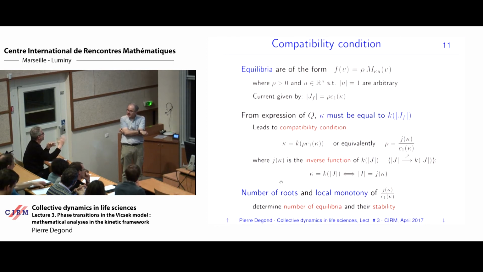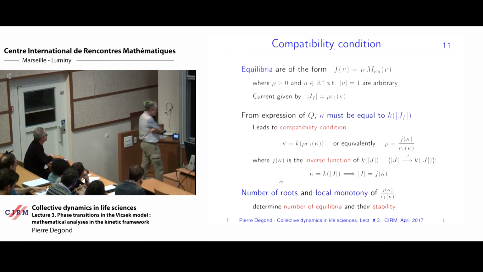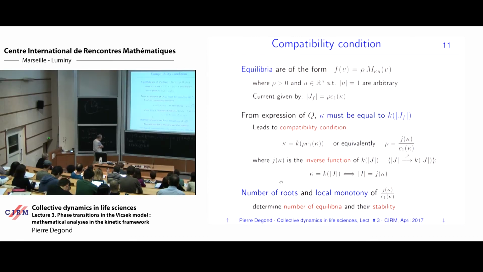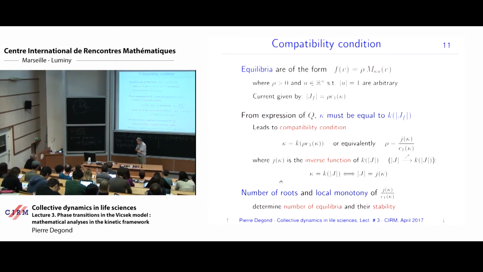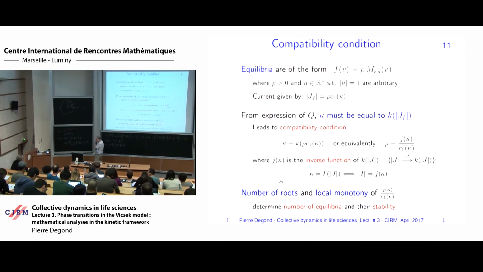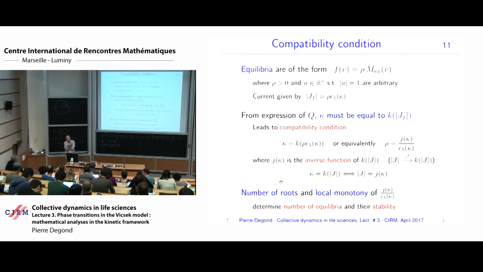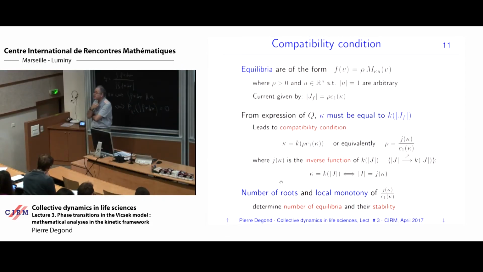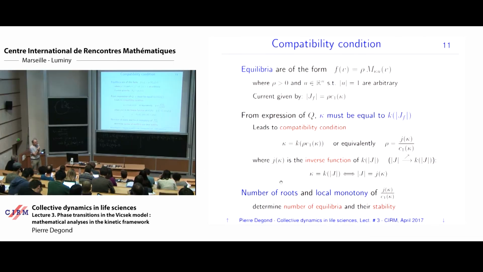What you observe, you mean homogeneous, because what you observe numerically is that there are these waves. Yeah, that's a good point. In fact, what I'm studying is the phase transition of the mean field model, and what I'm observing numerically is the phase transitions of the discrete particle model. So there is a difference here.